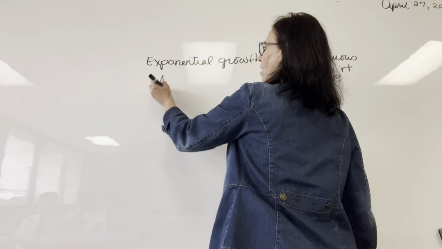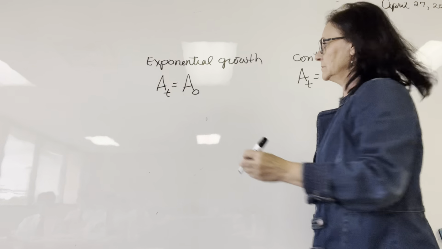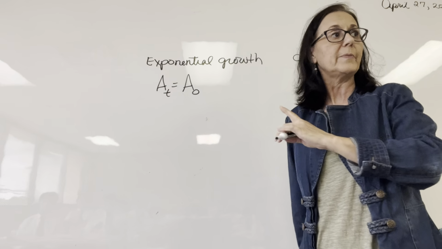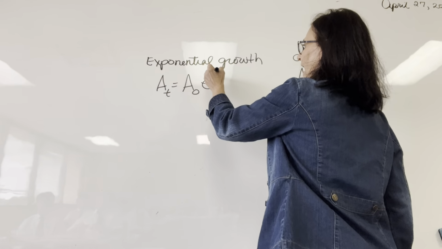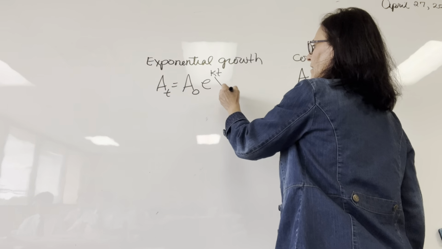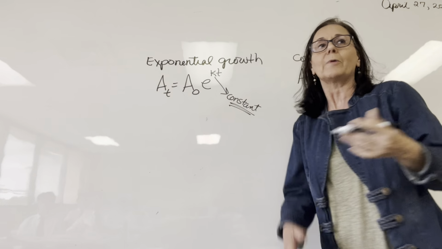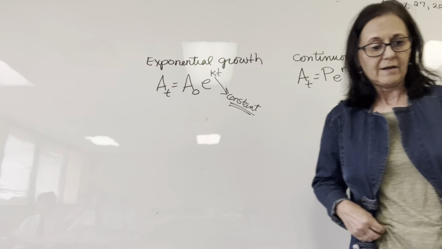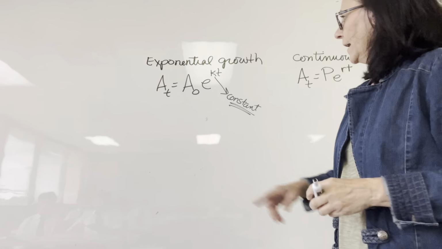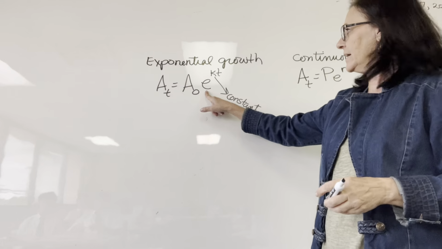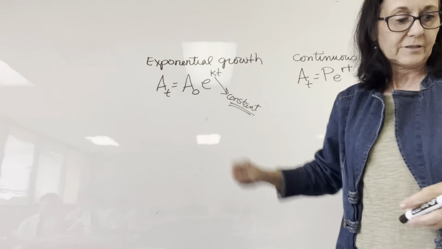It's the amount over time equals the original amount, because it's not money. We only use P when we relate to principal, times E to the KT. K being your constant. It's really your rate of growth, right? Original amount, E, we know what E is, to the K, and T is time.